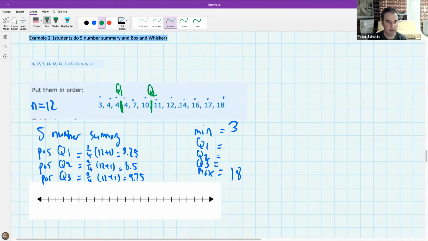This is 7, 8, 9, 10. Q3 is going to be here. So bear in mind that your position values are falling between 2 values. And for quartiles, what does that mean? It means you need to take the average of the 2 values on each side. The good news is, for the first one, Q1 is going to be 4.